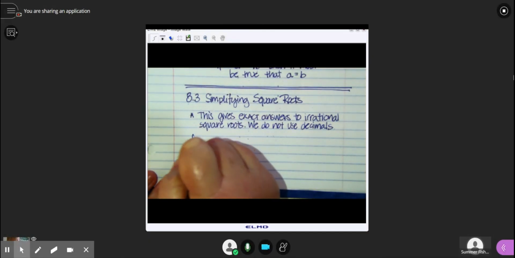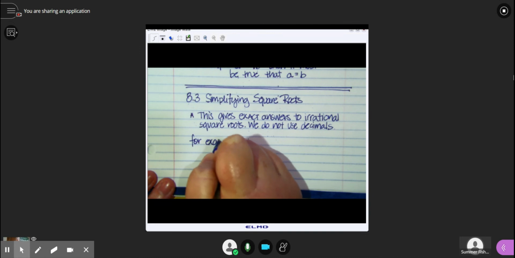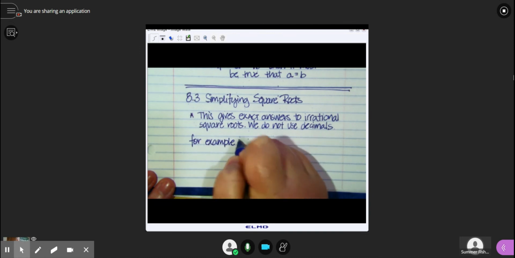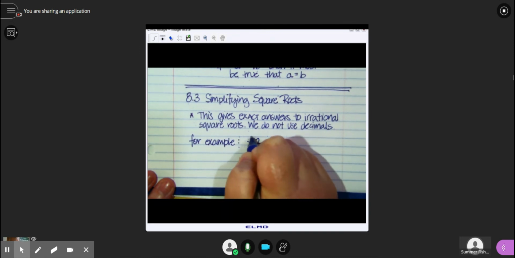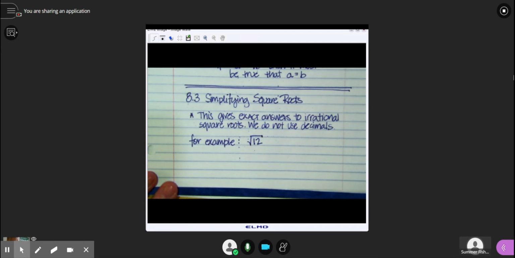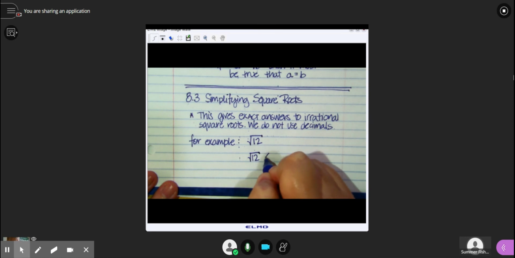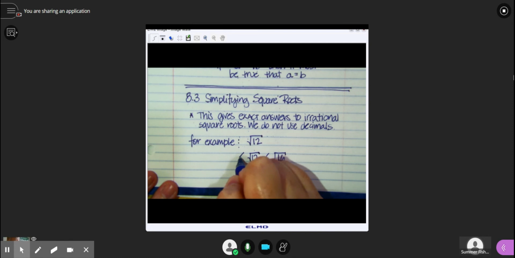All right, so for example, the square root of 12. The square root of 12, we do not know what this is as a square root. We could say that the square root of 12 is smaller than the square root of 16 and bigger than the square root of 9.